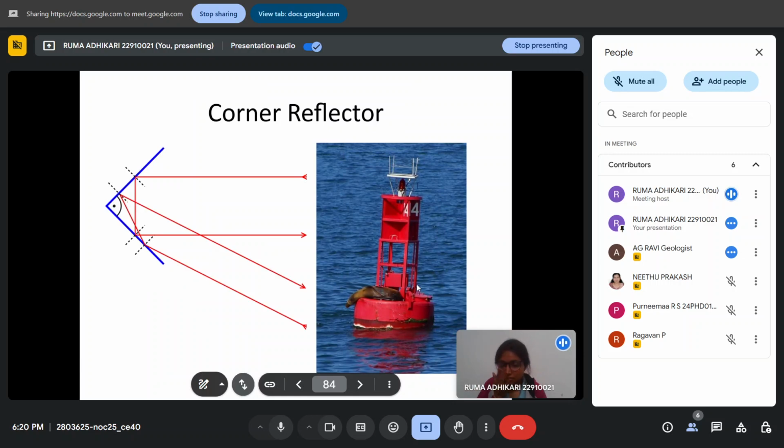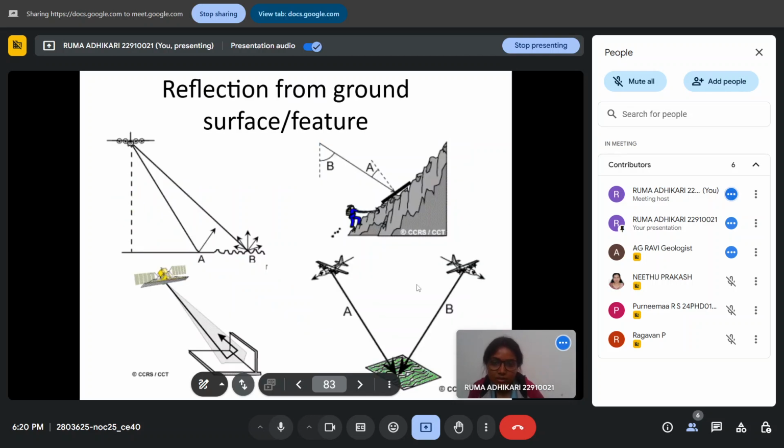Corner reflector. These are the reflectors, or the instruments, that we consider, suppose this type of thing, to calibrate the antenna, to get the actual value, and for data calibration.